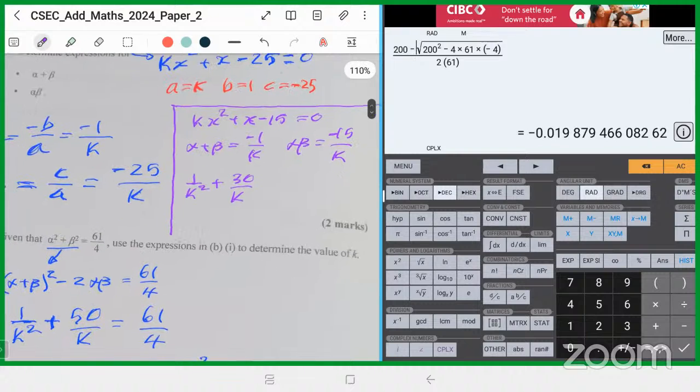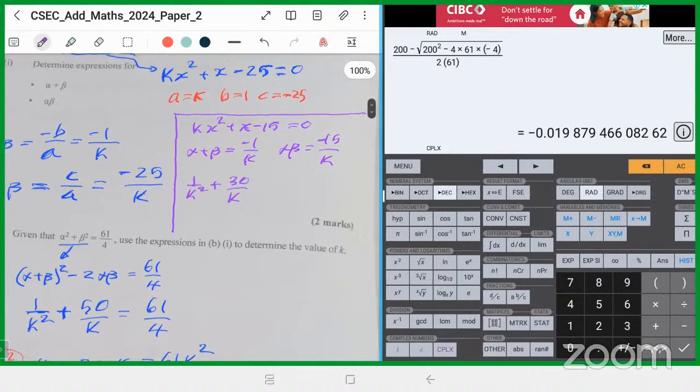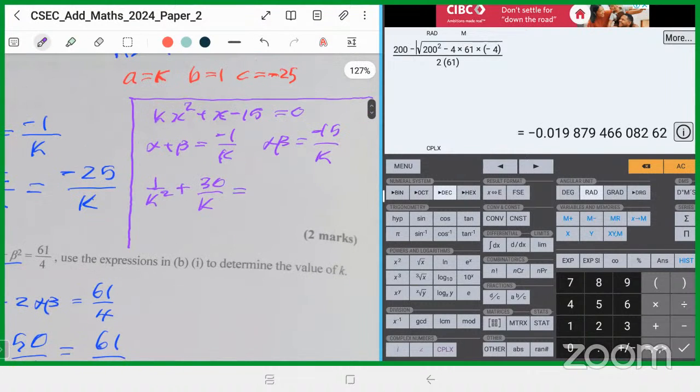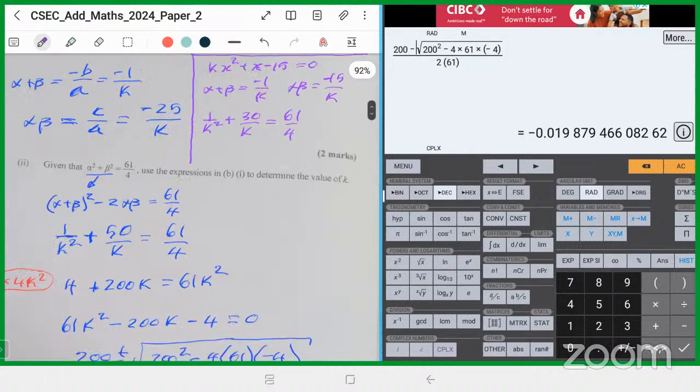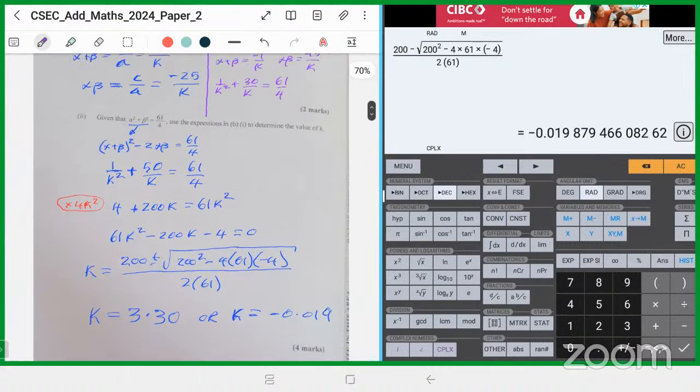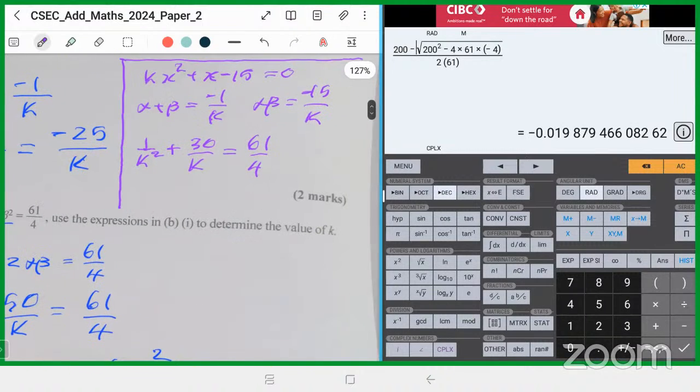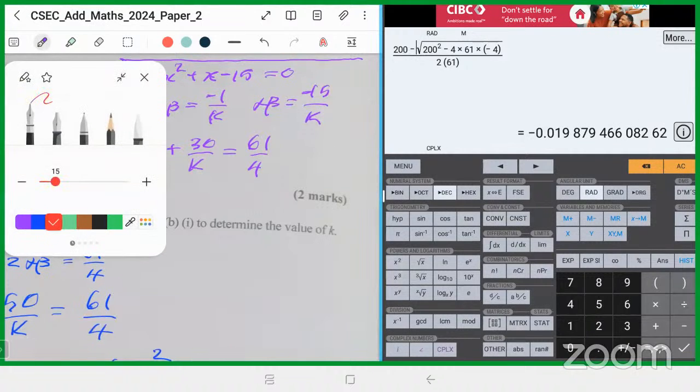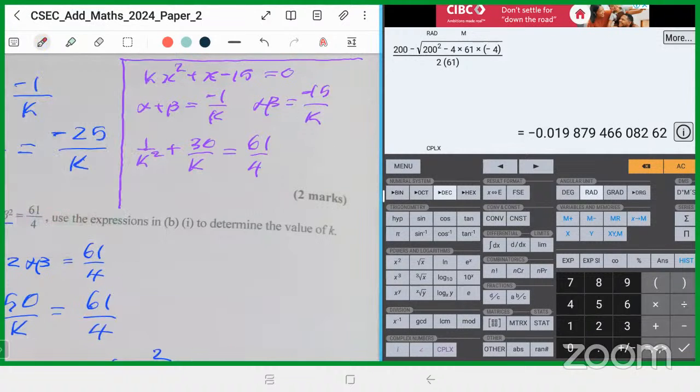That's what we would have gotten, and that would be equal to 61 over 4. Let's shift over and work it down here. Then I would have multiplied through by 4k squared again, just the same.